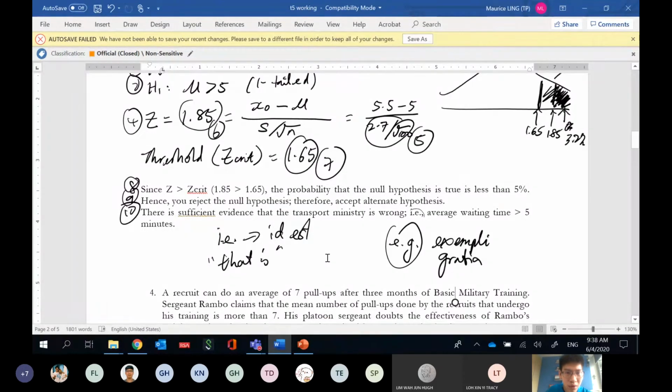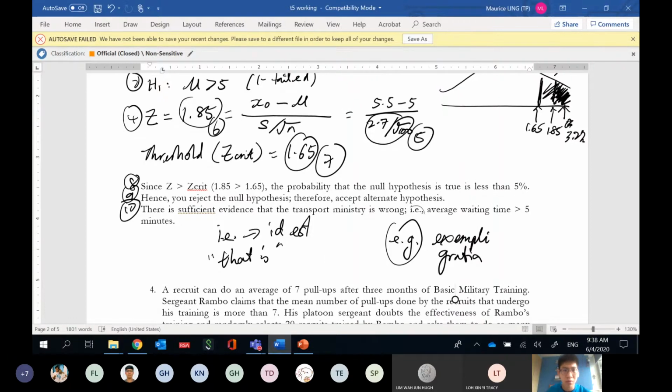Another common grammar problem that you always have, please. You know from your primary and secondary school, can you start a sentence with the word because? No, sir. No, right? You cannot start a sentence with the word because. But you can start a sentence with things like hence, therefore.